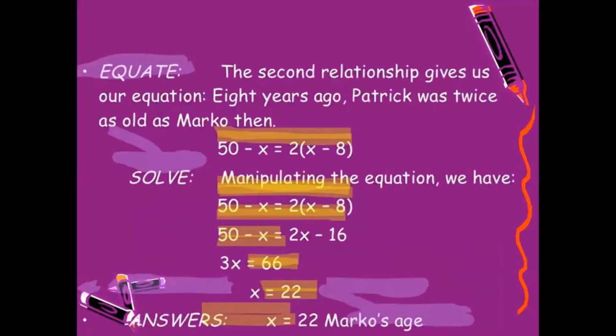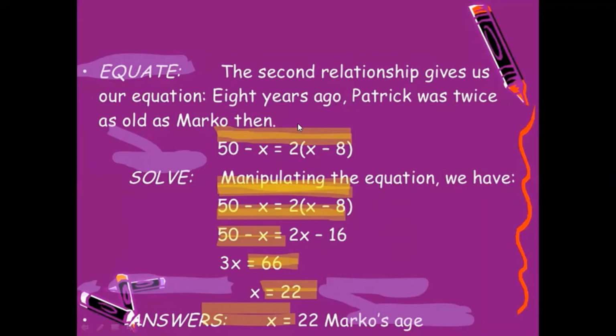Anyhow, equate. Now we will make the equation. This second relationship gives us our equation. That was the second column. 8 years ago, Patrick was twice as old as Marco. This was the condition. So once again, here the condition is twice of the younger person.